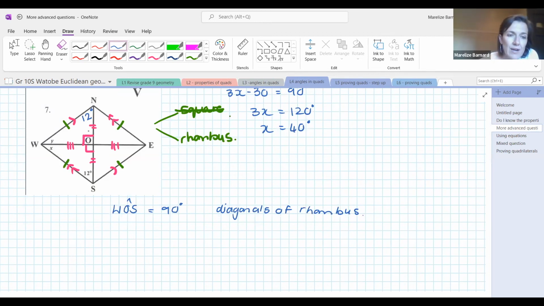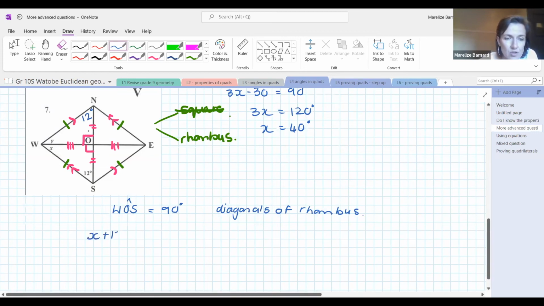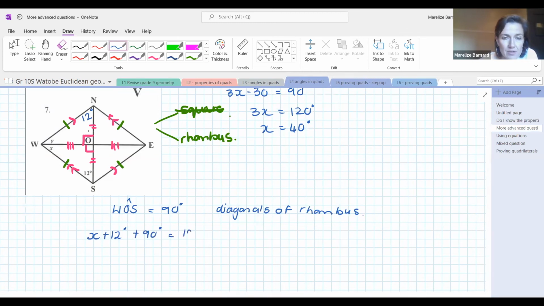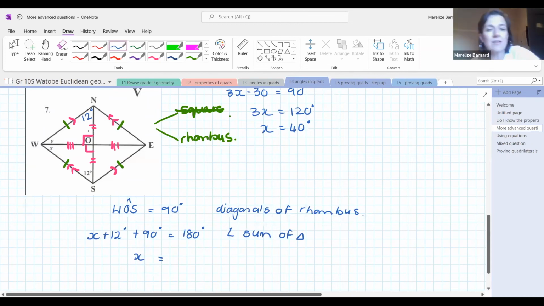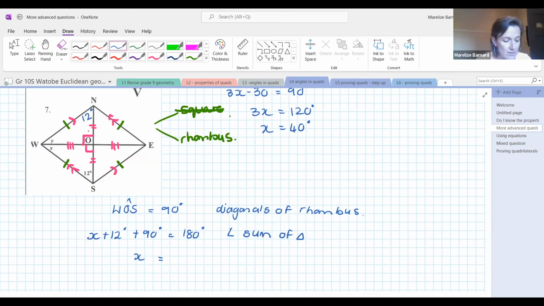So then in triangle WOS, we can go x plus 12 plus 90 degrees is 180. Why can we say that? Because it's the angle sum of a triangle. So then for x, we're just going to take the 12 and the 90 across. So 180 minus 90 minus 12. So 90 minus 12 is 78.